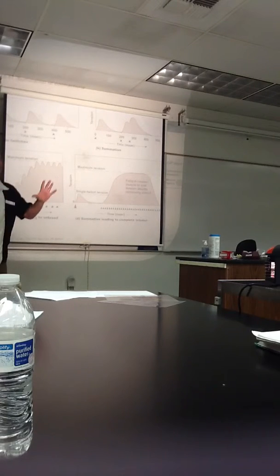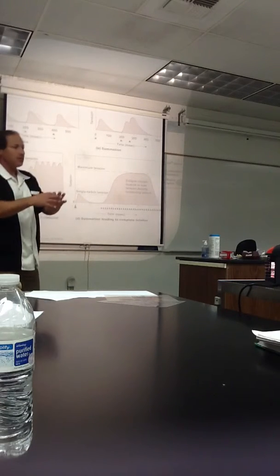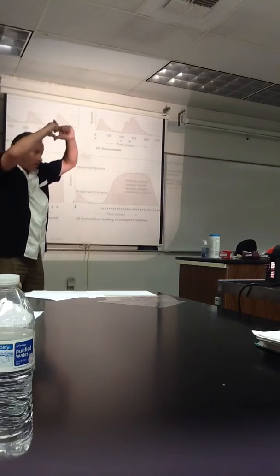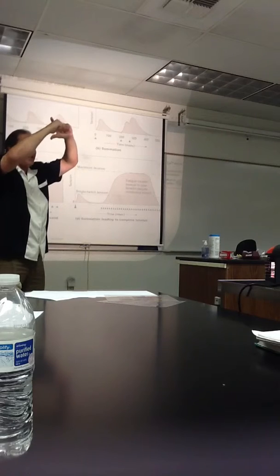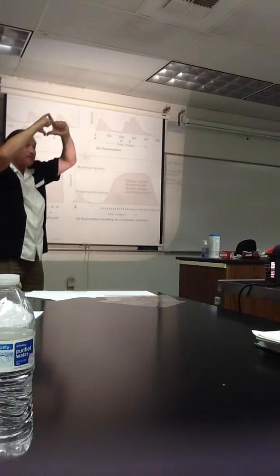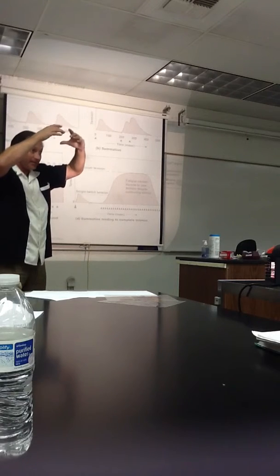Now, let me point this out. When you lift weights, a single muscle fiber might be, relatively speaking, this thick because of the actin and myosin filaments in it, and you can make it bigger. The single fiber gets more actin and myosin filaments in it.